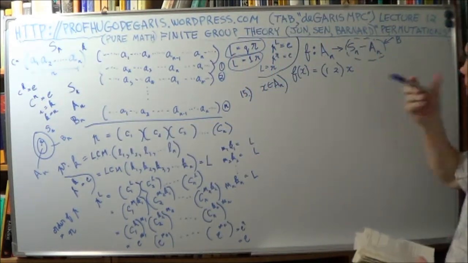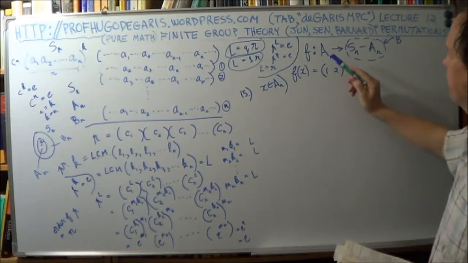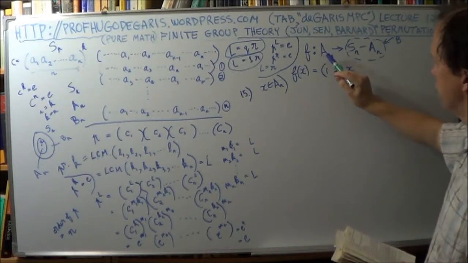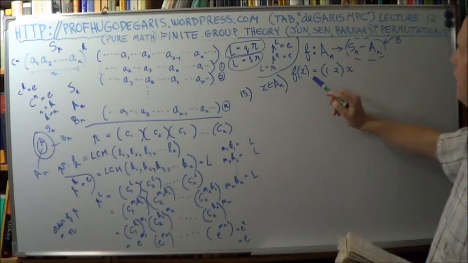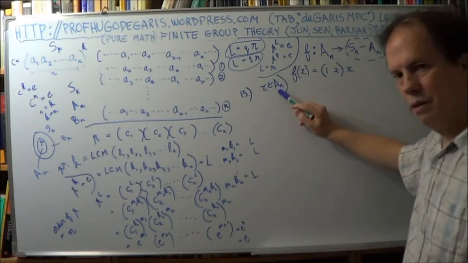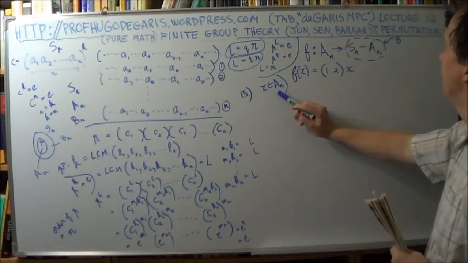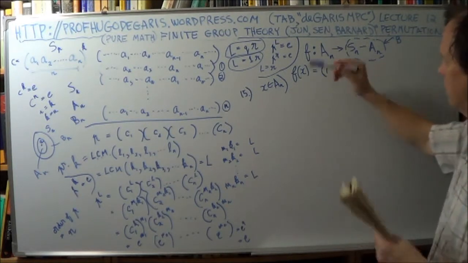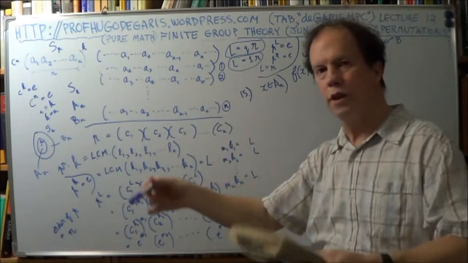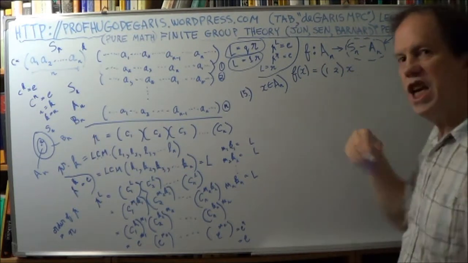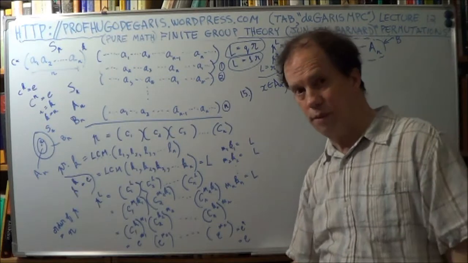So what is this? On the left-hand side, we're mapping from this set to this set. Now, x here is just an arbitrary member of the alternating set, and we're talking in the general context of permutations, so this x will be an even permutation.